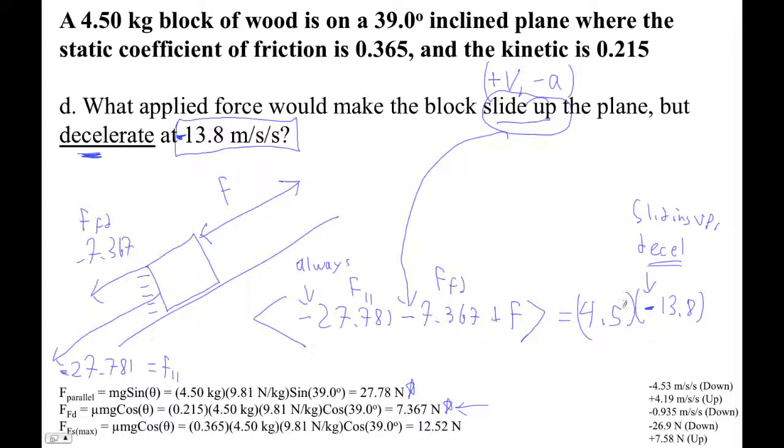Okay, so here we go. 4.5 times negative 13.8. And now I'm just going to add these, plus 7.367 plus 27.781. Let's see what that gets me. This is negative 26.952.